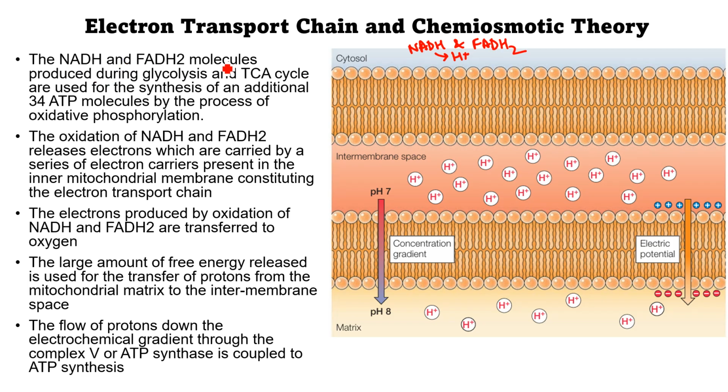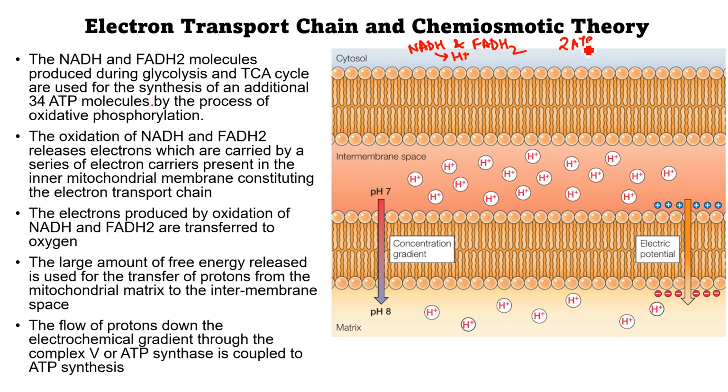So the NADH and FADH2 molecules produced during glycolysis and the TCA cycle are used for the synthesis of an additional 34 ATP molecules by the process of oxidative phosphorylation. You know there are two types of phosphorylation: substrate level phosphorylation and oxidative phosphorylation. By substrate level phosphorylation, you get 2 net ATP during glycolysis.